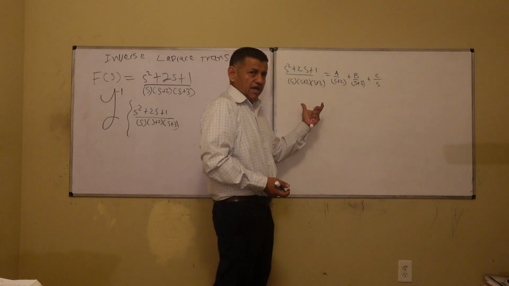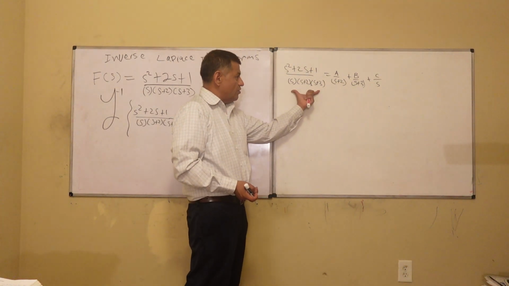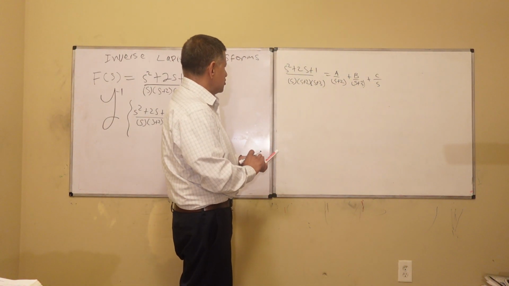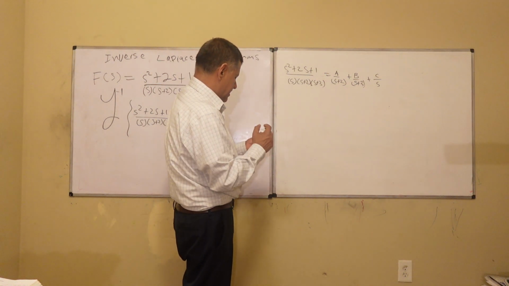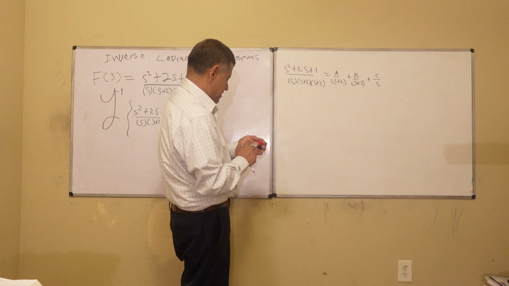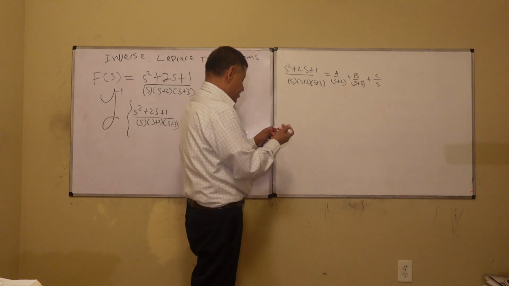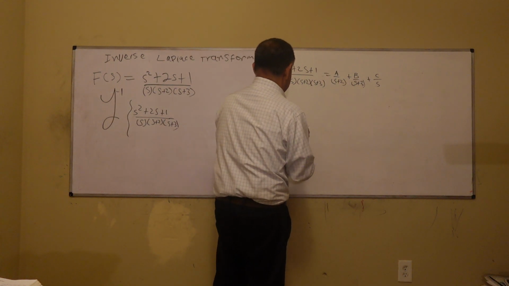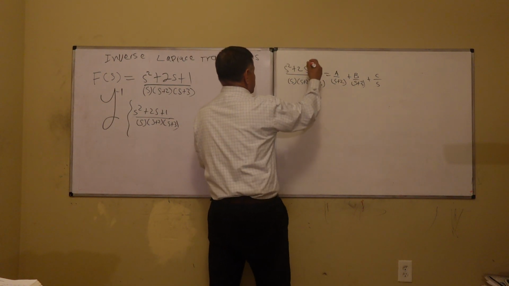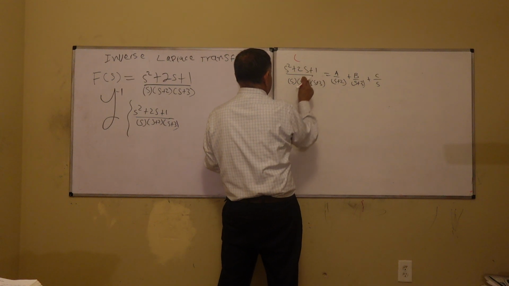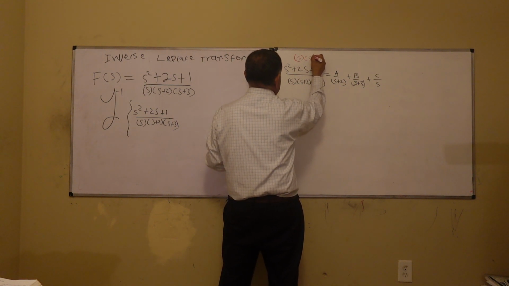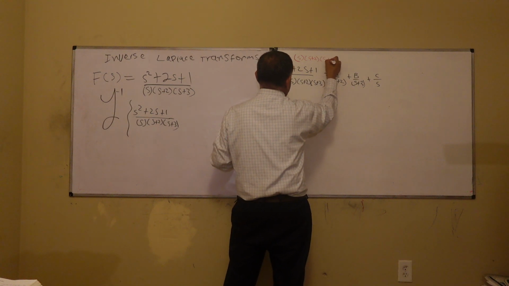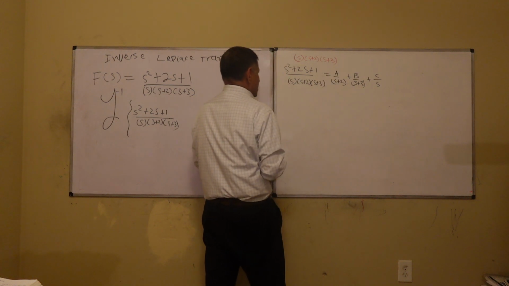My goal right here in this case is to get rid of these denominators, right? So I'm going to go ahead and write this on the top, with different colors so you see it. So that guy is s plus 2 times s plus 3 on the top, right?